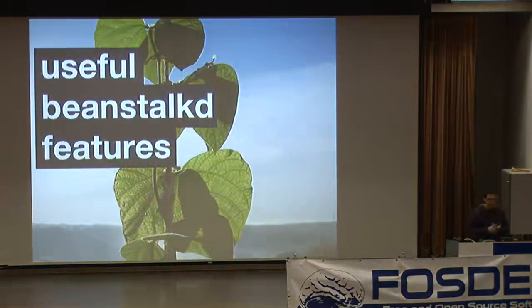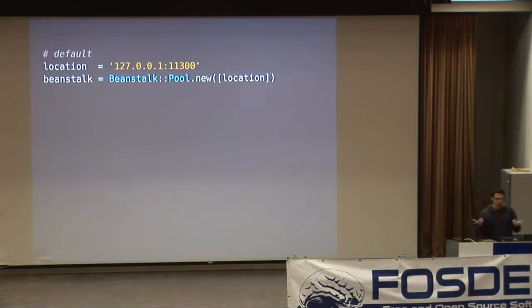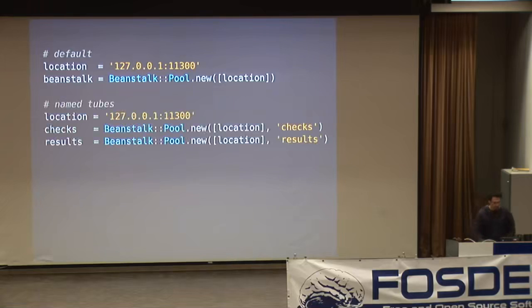And Beanstalkd has a couple of useful features that make this whole thing really easy to do. By default, when you connect into a Beanstalkd, it just connects to a named queue called default. But Beanstalk has the concept of tubes, which are basically named queues, right? So in this particular case, we have a checks tube and a results tube. That means that we can put the workloads on the individual tubes and they don't ever have to touch one another.